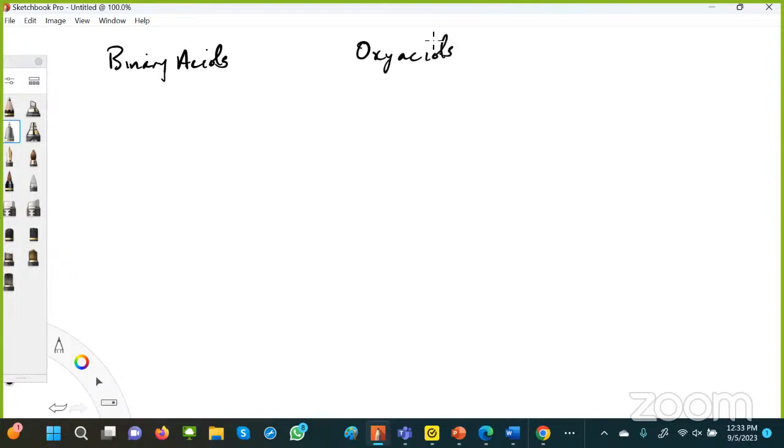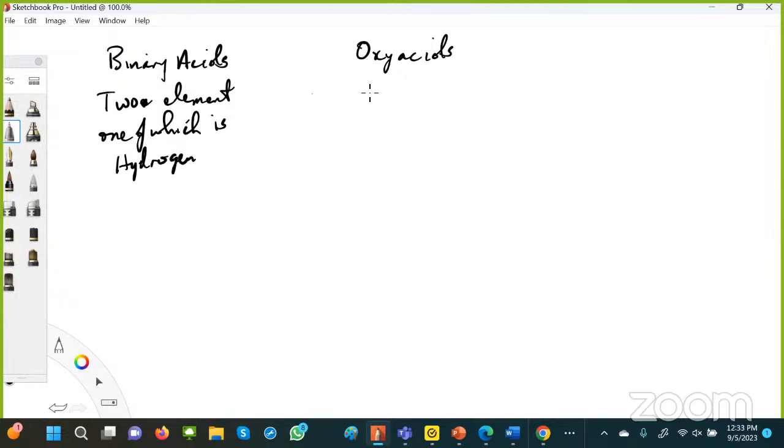In the case of binary acids, they are made up of 2 elements, one of which is hydrogen. In the case of oxyacids, as the name suggests, the oxy part, these are acids which contain oxygens. Okay, so what we're going to deal with first are the binary acids.